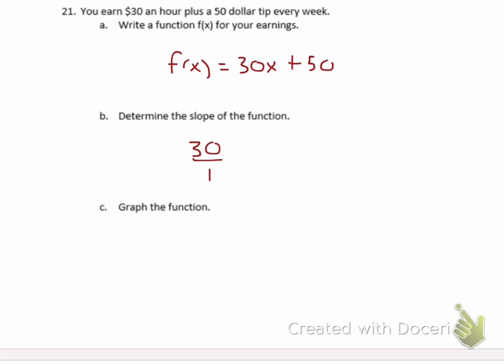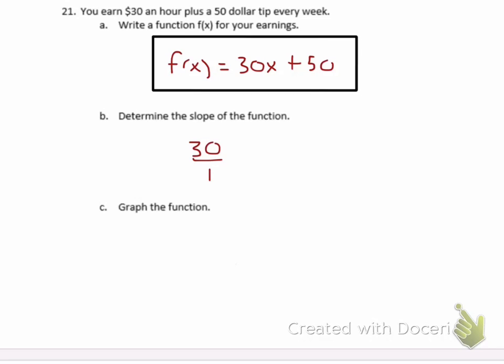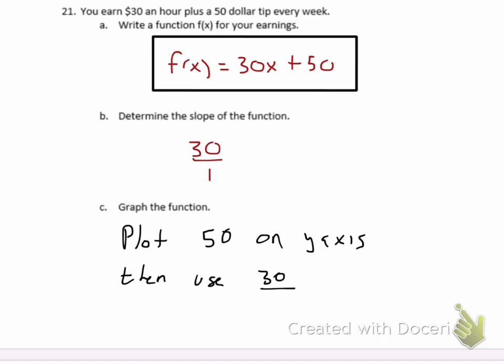You can earn $30 plus, so there's my equation. Guys, you should know how to graph that. So, plot 50 on the y-axis. Right, that's your y-intercept. Then use 30/1 slope.